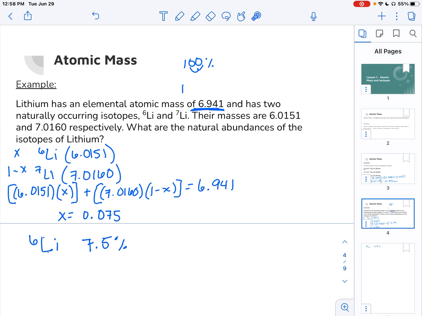So 7.5%. And then lithium 7 was 1 minus X. So 1 minus X is this. So when we change that into a percent, we get 92.5% lithium 7.